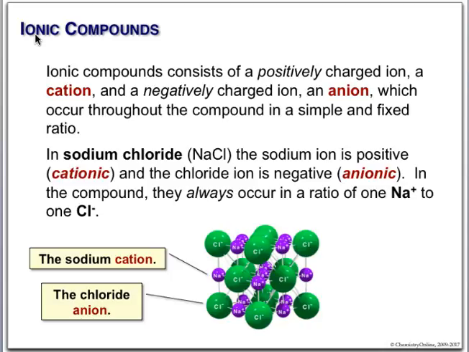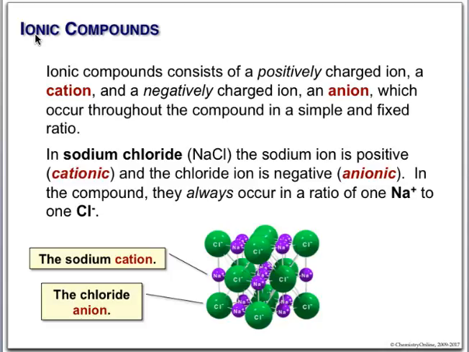An ionic compound, we said, occurs when a metal ion, in this case sodium, transfers an electron from itself to another atom that makes a positive ion and a negative ion. These have names. Please remember the names.